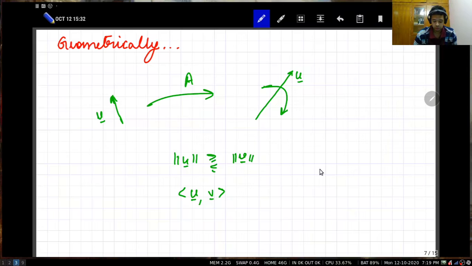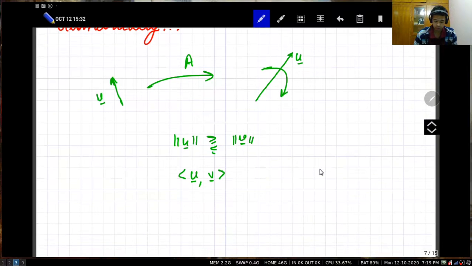Now if V is an eigenvector corresponding to some eigenvalue lambda of A, then multiplication by the matrix A doesn't rotate the vector V, it can only scale it.